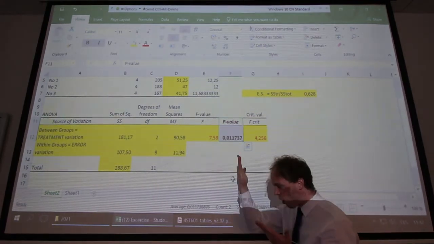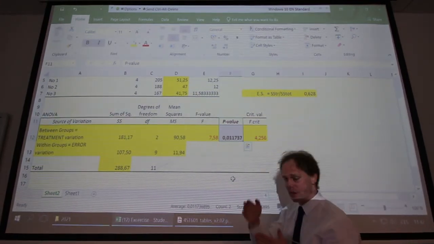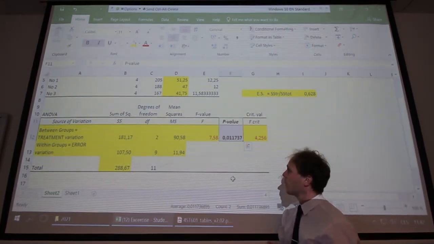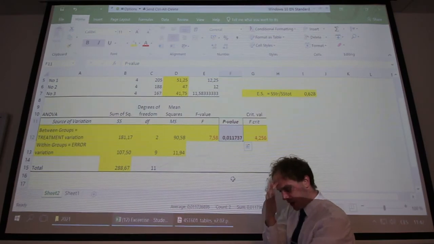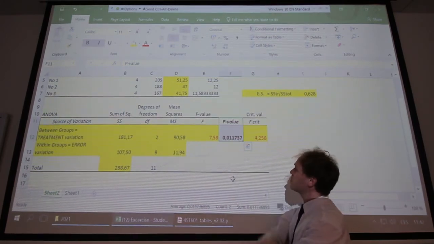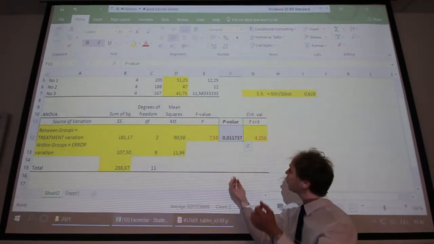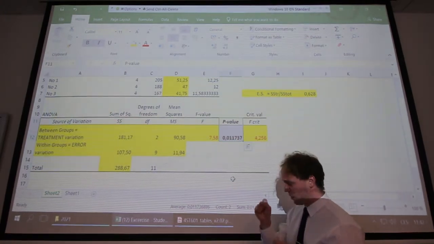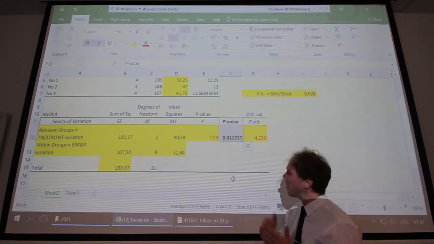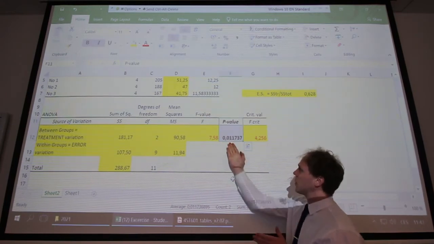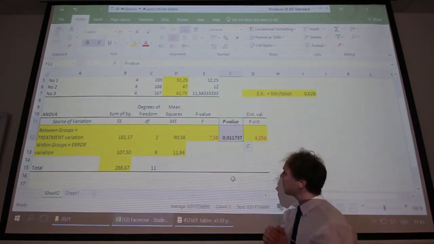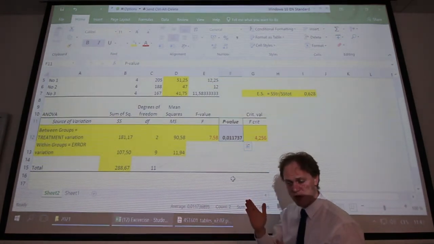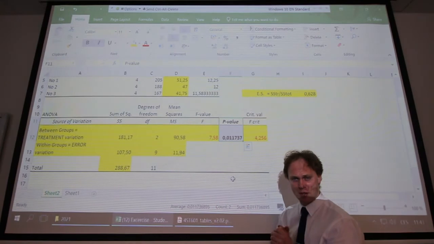So we must either find the critical value and compare the F statistic with it, or we have the p-value and we can decide. One more time: if the p-value is above the 5% significance level, the zero hypothesis is not rejected, but because this is below the 5% significance level, the zero hypothesis is rejected.